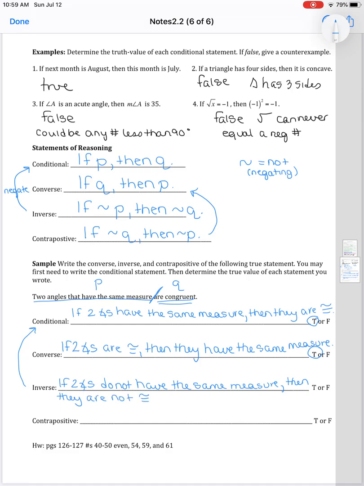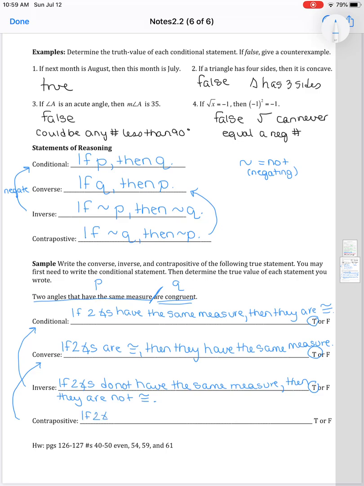Okay, then they, and instead of writing are congruent, we're going to write are not congruent. And those are your two negating words. Again, you have to add something in there that's going to say no, not going to happen for both parts. So it says if two angles, if they do not have the same measure, then they are not congruent. Well, again, that's another true statement.